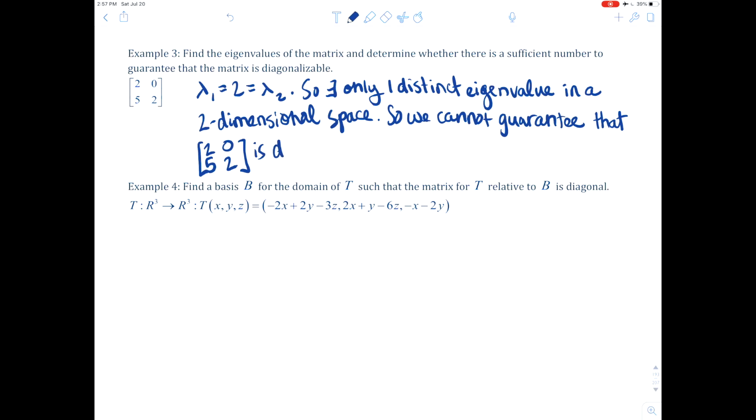We'd have to go through the process to see if it had n linearly independent eigenvectors. So it might be, but we can't guarantee.